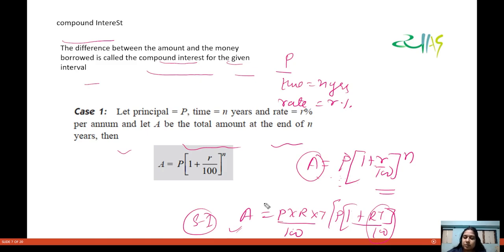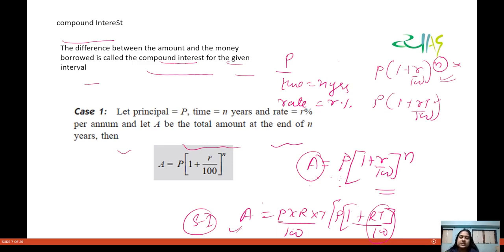If we compare the formula for simple interest and compound interest, there is much difference. Here you are raising this to the power n, which is time, and here you are just multiplying by the time. Here time is giving you exponential return, and here time is just giving you a multiple return.